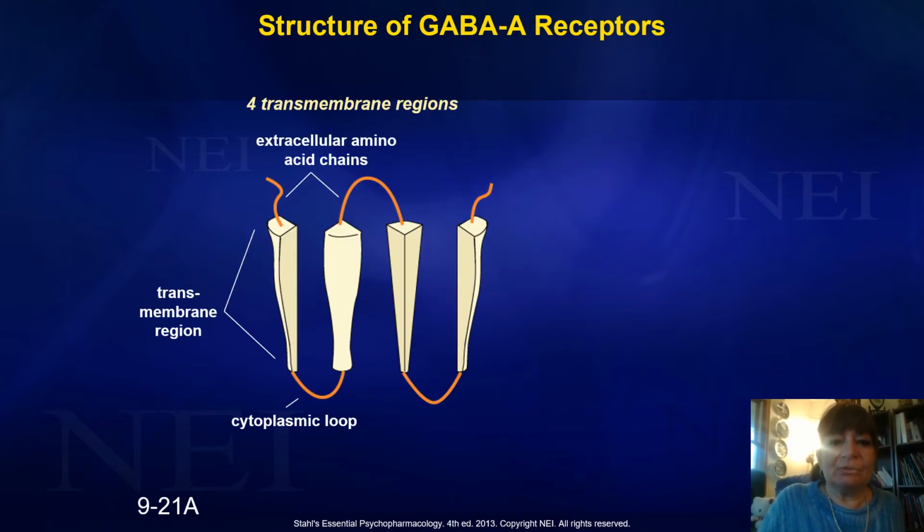And each of these receptors is made up of subunits. Each subunit is formed by 4 chains in the cell membrane. We refer to this as 4 transmembrane loops and cytoplasmic loops.